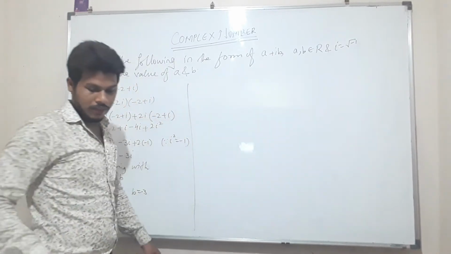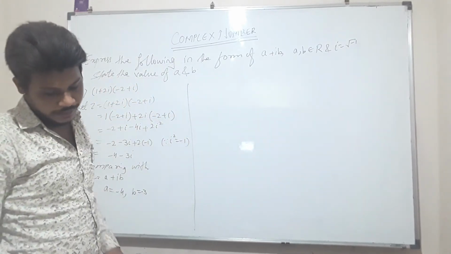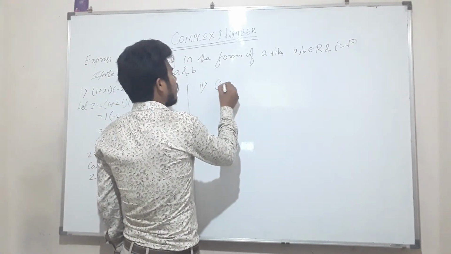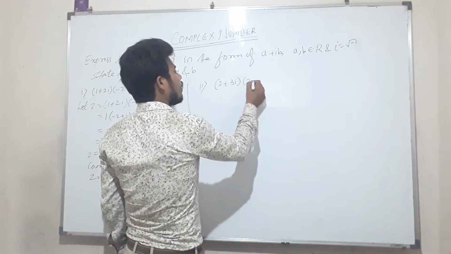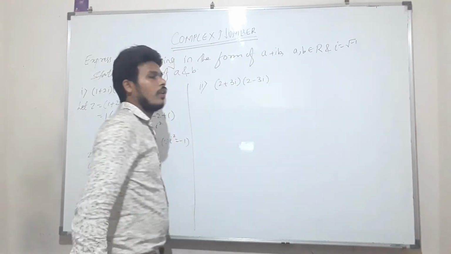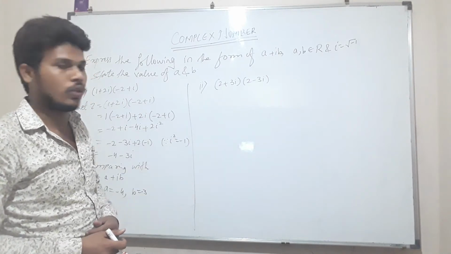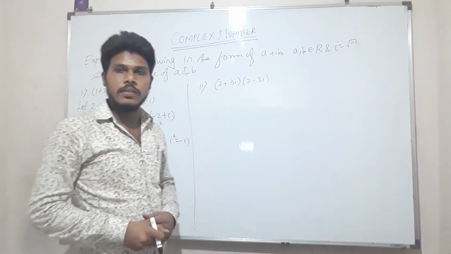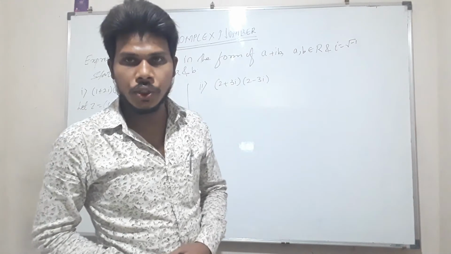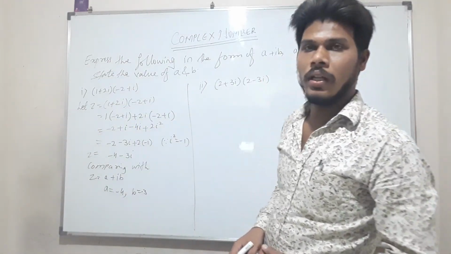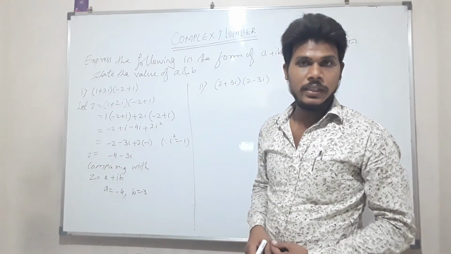So now next question, (2 plus 3i)(2 minus 3i). We can solve it by two methods. First one is by using multiplication of complex numbers, and second one by using the formula (a plus b)(a minus b).